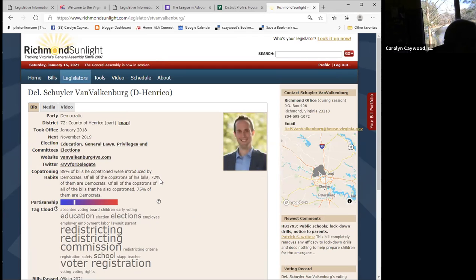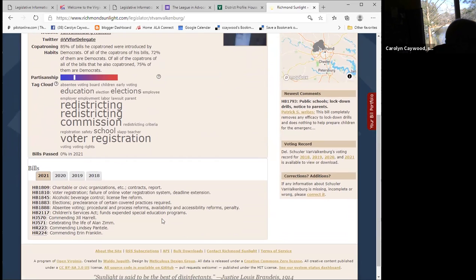Of all the co-patrons of his bills, 72% of them are Democrats. So out of those things, they do a litmus paper: how partisan is this legislator? He's not real extreme, definitely a Democrat. Here's the cloud tag for just his bills. And you can go back and look at previous years' bills. Plus here are his bills this year.